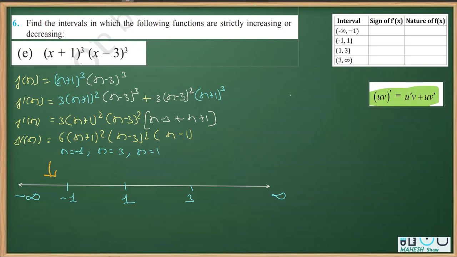In this interval, that is minus infinity to minus 1, we're getting this as negative. So if it is negative, we say this is strictly decreasing.